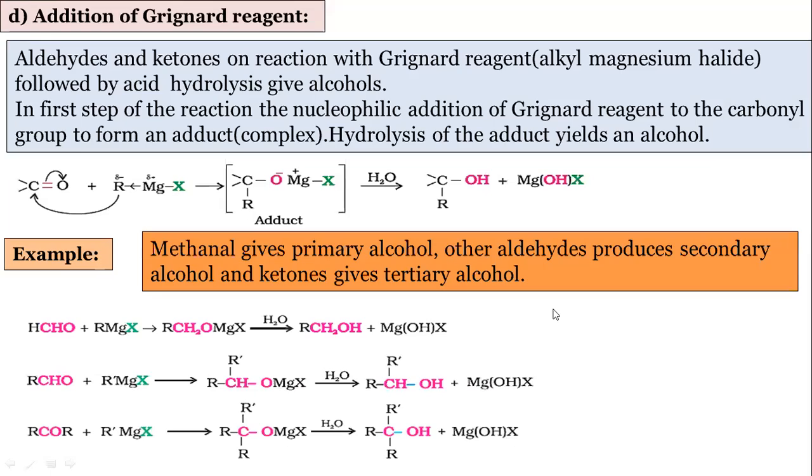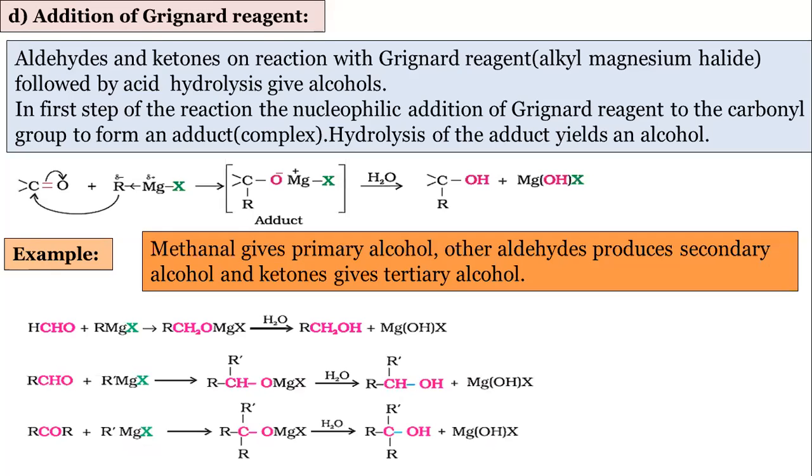Then again, the addition of Grignard reagent. Many times, now from the halogen derivatives, alcohols, also in case of aldehydes, addition of Grignard reagent. Now you are familiar with the Grignard reagent. Many times this is asked for the exam. Grignard reagents are organometallic compounds. How is it prepared? In halogen derivatives, you know, it is prepared by using magnesium metal, by using alkyl halides in presence of dry ether.